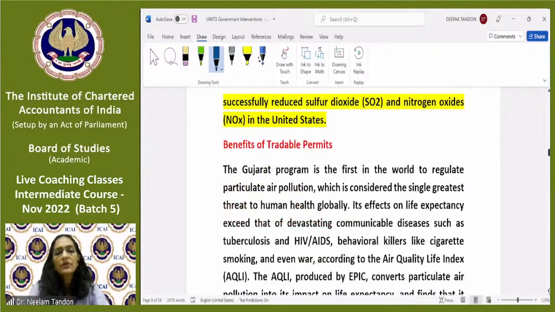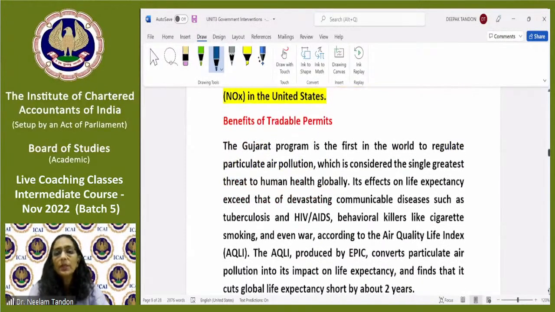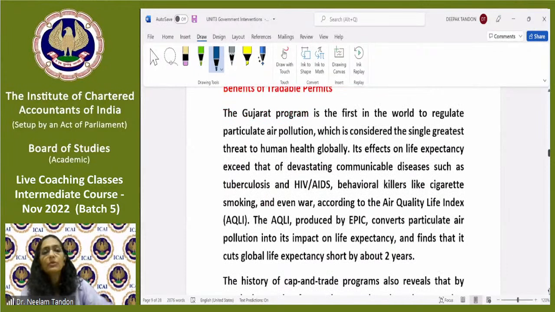So what are the benefits of tradable permits? How does it help? What are the negative impacts of pollution? So air pollution is a threat to human health. It decreases life of people. It leads to communicable diseases. Okay.